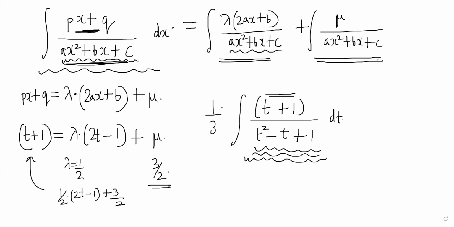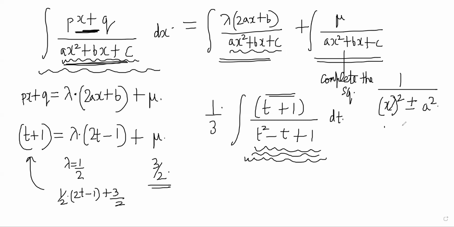And the second integral is also easy because it's an integral of the standard form 1 by a quadratic. You just have to complete the square here and you will get it in a standard form of some square plus or minus some constant. Is everyone understanding what I'm saying?